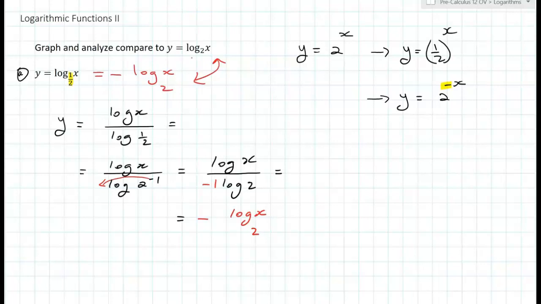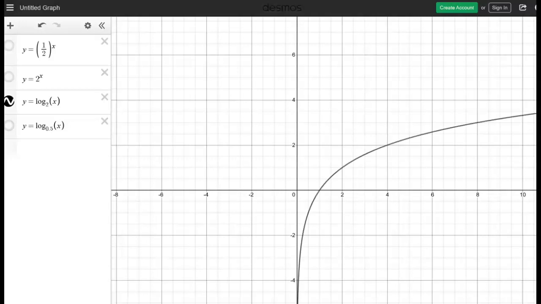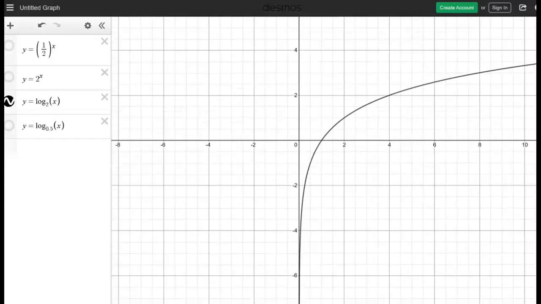So let's go ahead and look at that using Desmos. So here is the first, log of x base 2. Okay, and now let's look at log of x base half or 0.5, and sure enough it's the reflection over the x-axis.